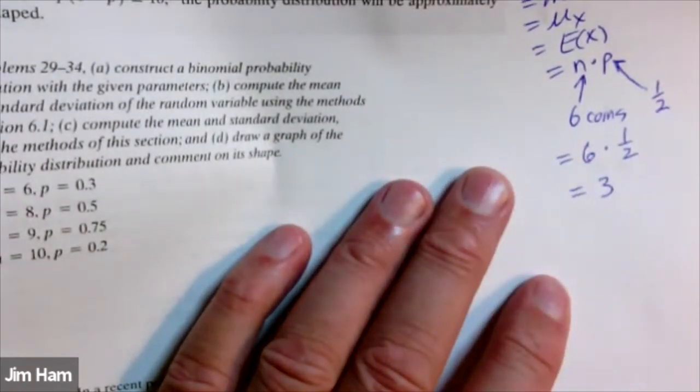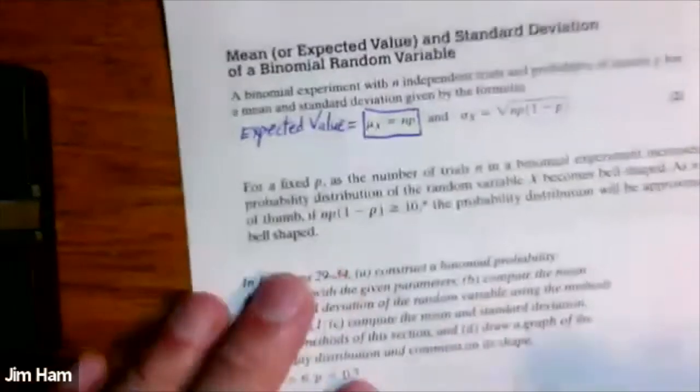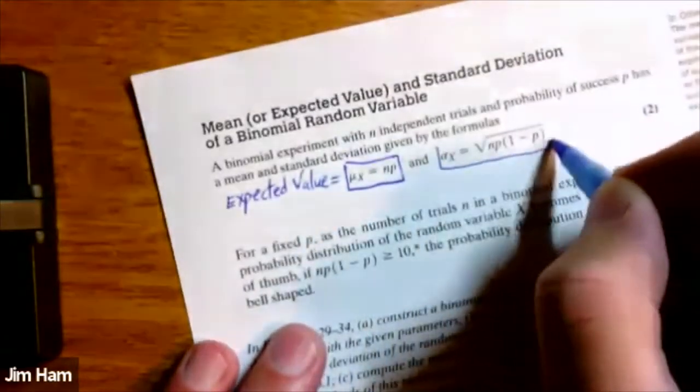So yeah, your intuition for most of you was correct, and that is if you flip 6 coins, you would expect to see 3 heads. Kind of makes sense in this case. But that's the mean. I will point you to a simpler standard deviation calculation there.